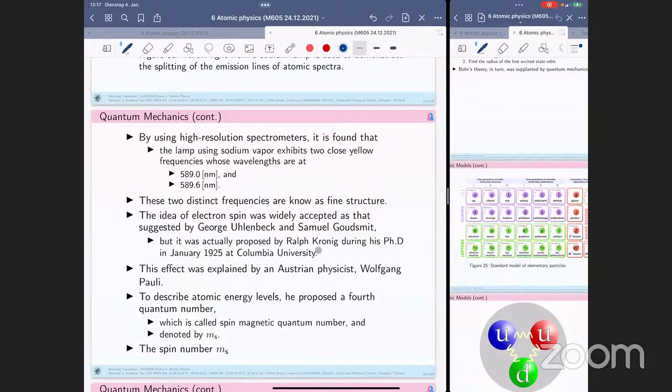Only at the PhD level could you discover something meaningful to the world of science. That was Kronig's PhD thesis that addressed the idea of electron spin, but no one would accept it at that time. Only people with influence in society, like Professor Uhlenbeck and Goudsmit.